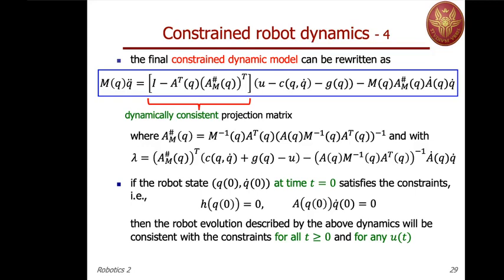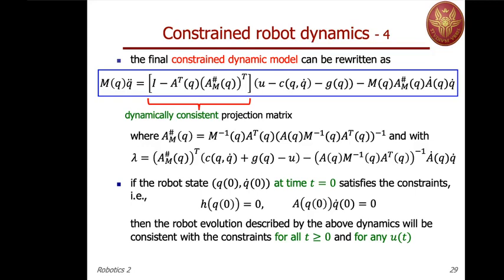Indeed, we make an assumption that we start at time 0 with this constrained dynamic model in a state that satisfies the constraint, which means that with the initial configuration of the robot, h of q at time 0 is 0, so we satisfy the constraint. If we have 0 initial velocity, there is no further imposition because we are there at rest.